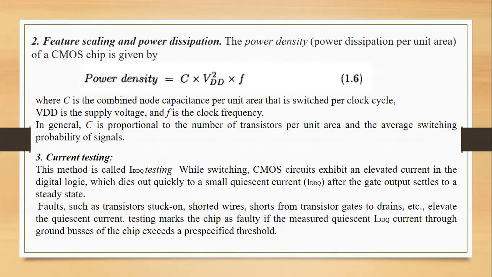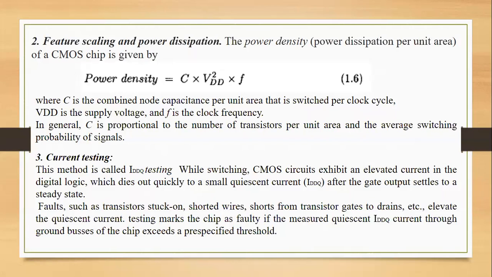While switching, CMOS circuits exhibit an evaluated current in the digital logic, which dies out quickly to a small quiescent current, IDDQ, after the gate output settles in steady state. So as we check each and every circuit, we verify the quiescent value also.